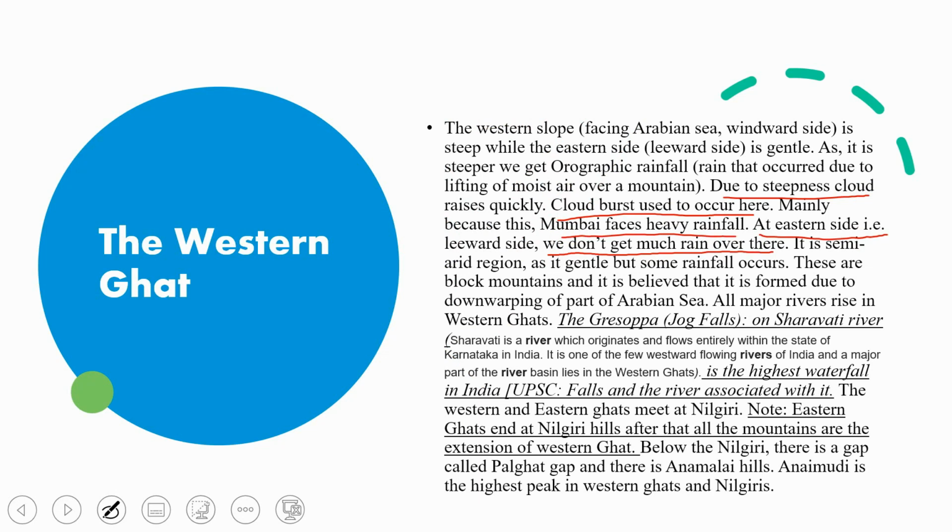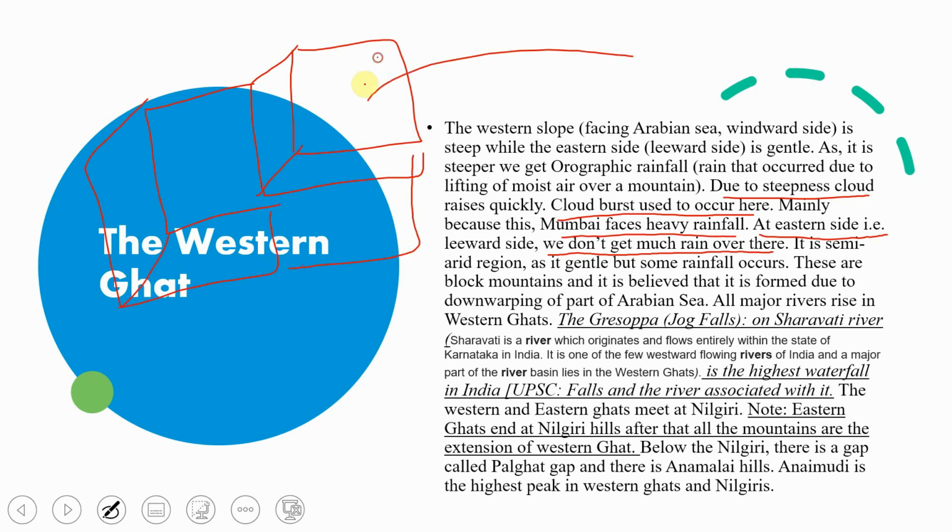Like it is believed that block mountains, I already said that, let us suppose this is your land, and there is another land, it means what? This one is in the upward direction, and this one has gone below.